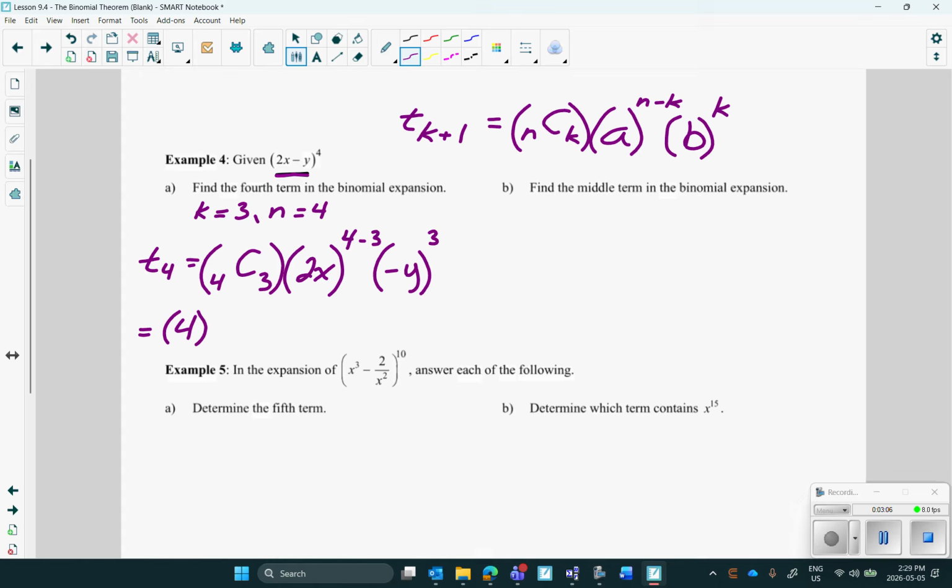This is the same as 2x to the first. Well, 2x to the first is just the same as 2x, right? And negative y to the third, well, that's just the same as that. So when I multiply all those together and put it in proper form, what do I get? Negative 8. Yes. And that's your 4th term.